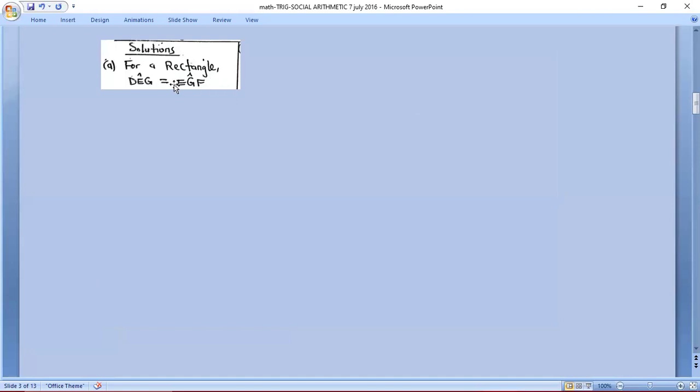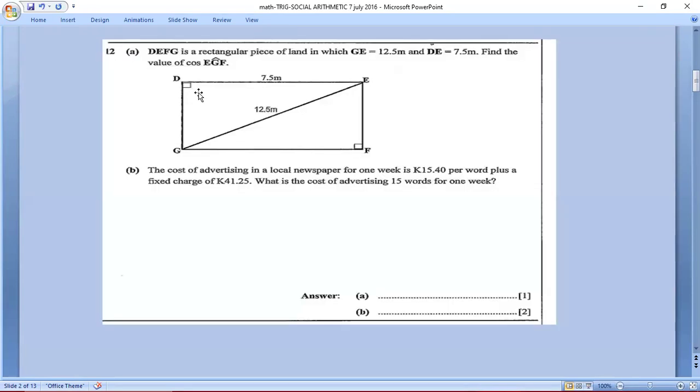For a rectangle, the angle DEG is always equal to EGF. Yeah, because these two lines are always parallel for a rectangle, because this is 90 degrees and that's 90 degrees.